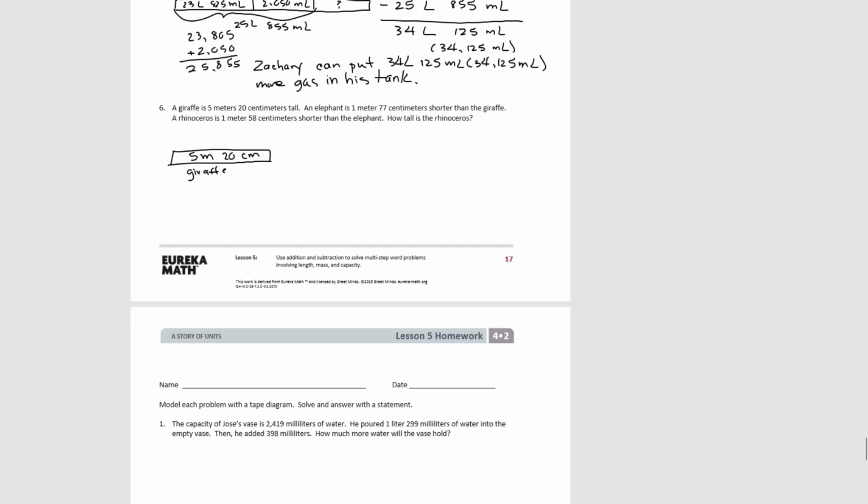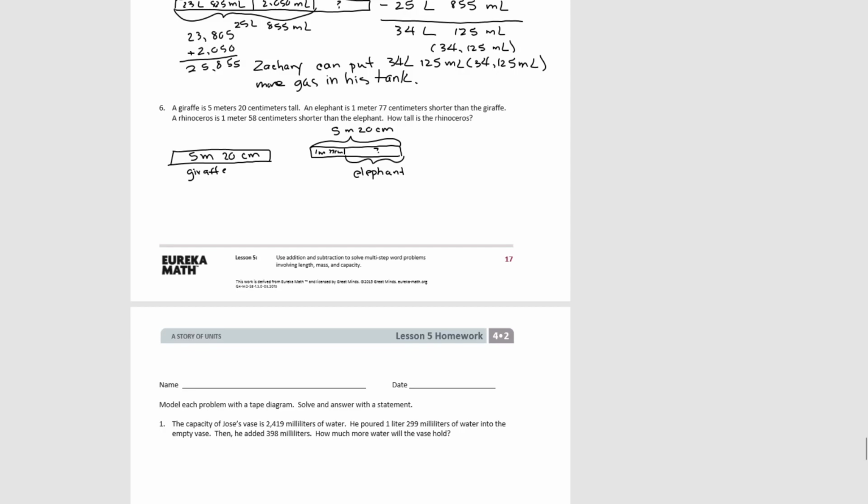So if we make the giraffe our total, and we know that 1 meter, 77 centimeters is how much shorter the elephant is than the giraffe, then this would be the elephant, which we're trying to find out.